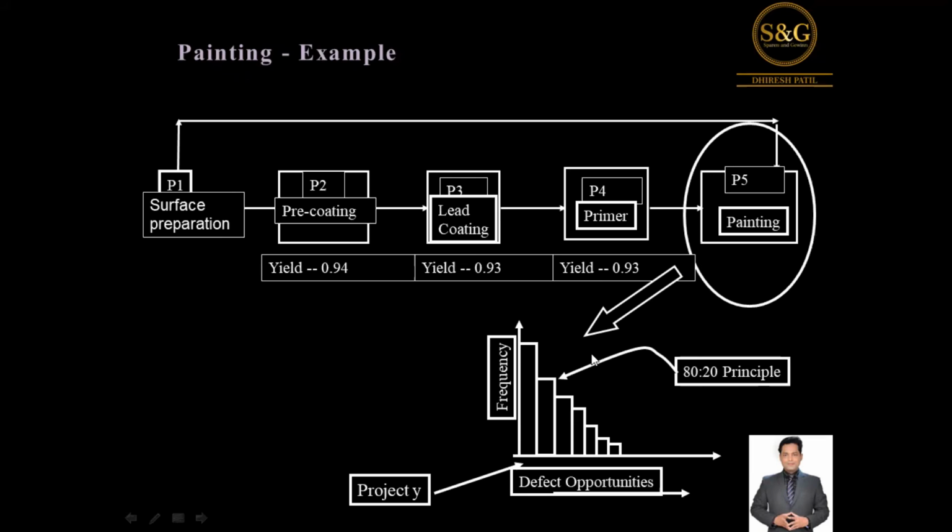This 80-20 principle tells us the priority defect opportunities we have, so that we can improve upon them, and that becomes our project Y.